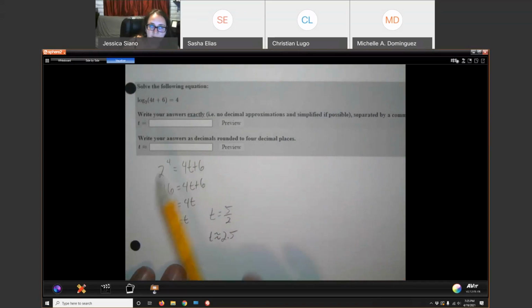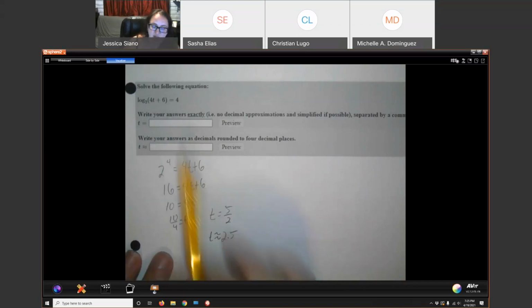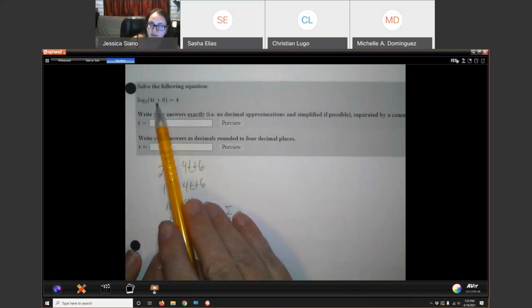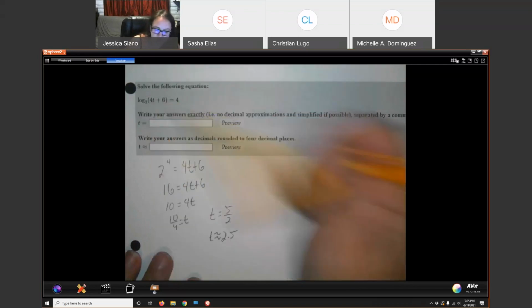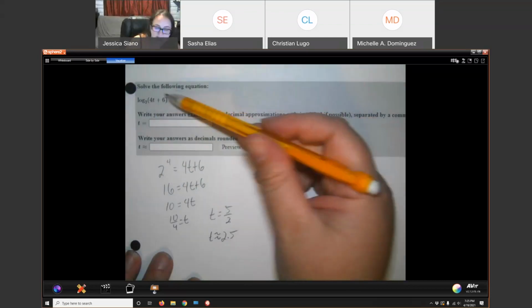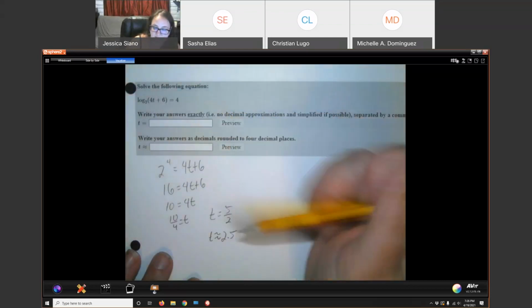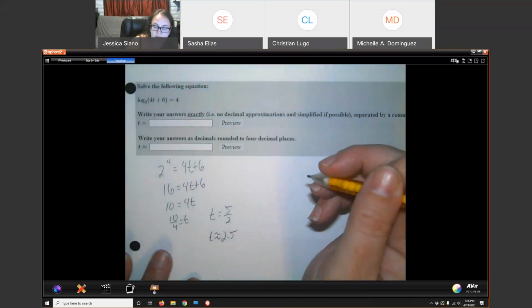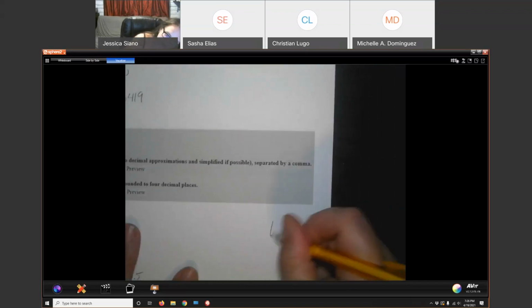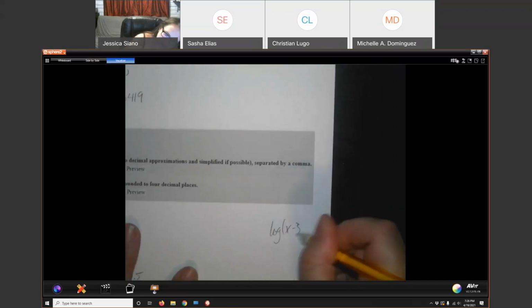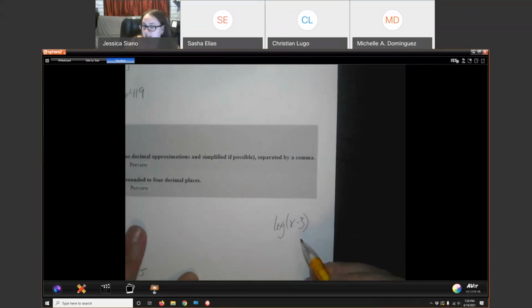Now, one of the things we need to remember about logarithms is that their domain is only the positive numbers. So we need to make sure that if we plug this answer back in, we would be doing the log of something positive. So 4 times 2.5 is 10, plus 6 is 16. We can do the log of 16, so that one's okay. As an example, if my equation somewhere had the log of x minus 3, and I got 2 as a solution, I can't plug 2 in here because 2 minus 3 is negative 1, and I can't do the log of negative 1.